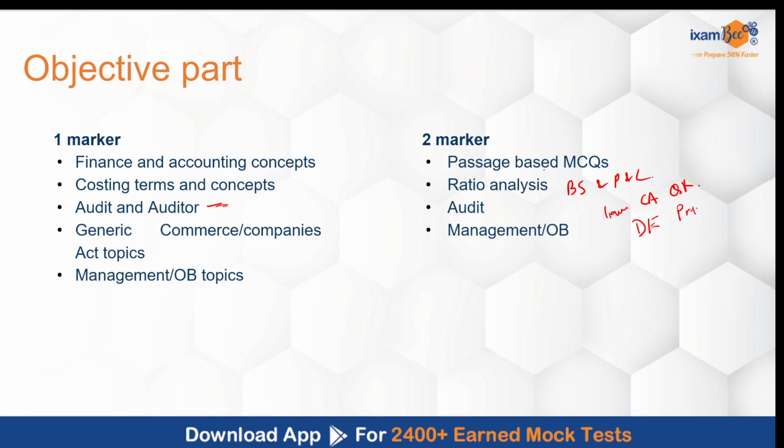And when I'm talking about passage based question, what happens is they are a set of 4 questions, mostly, that come from the same kind of information or theme. The next passage topic that is mostly asked is certain latest news inspired questions, right? Sometimes it could be taxation related, sometimes it could be normal e-commerce related, right?